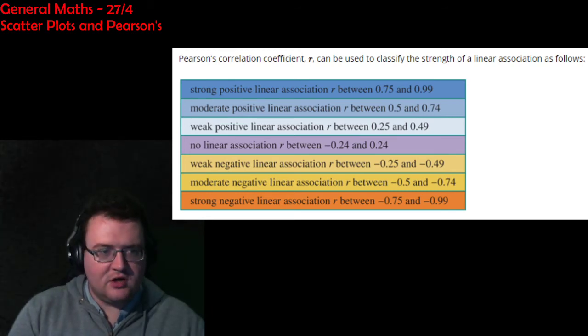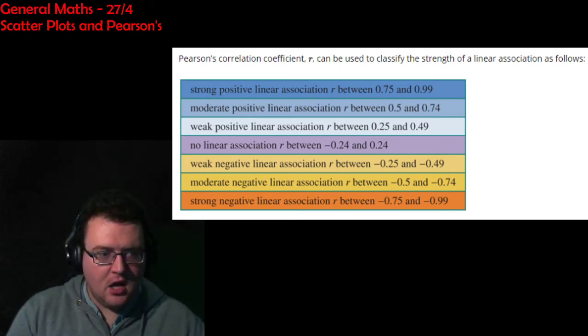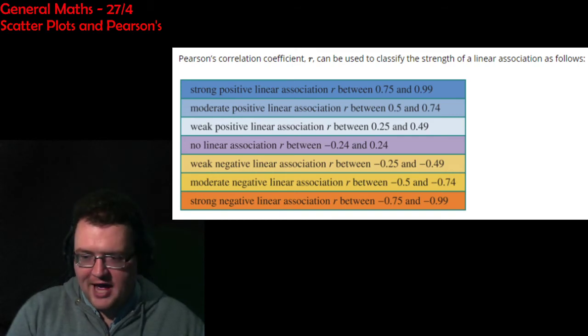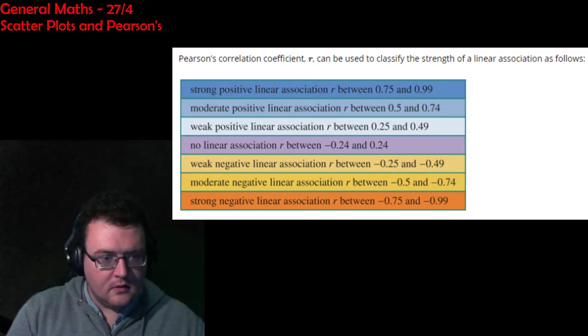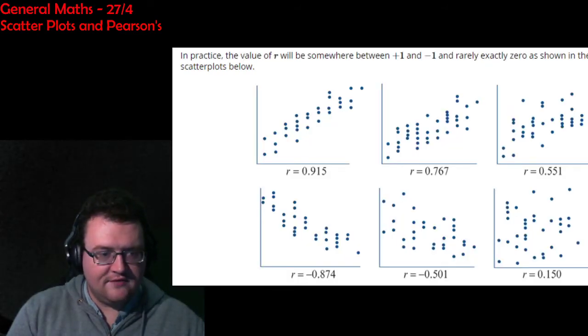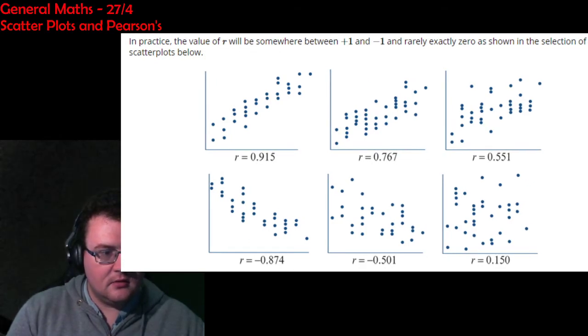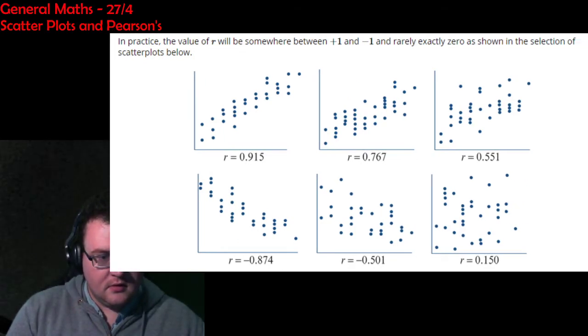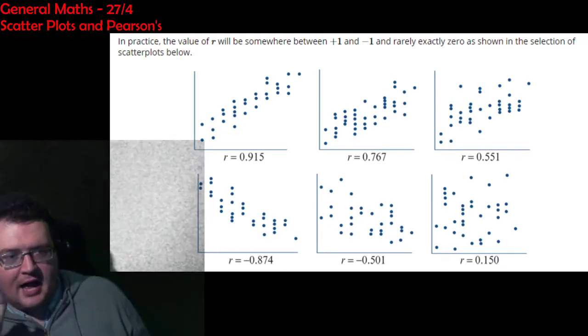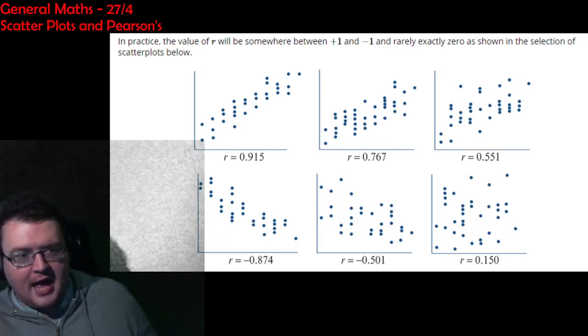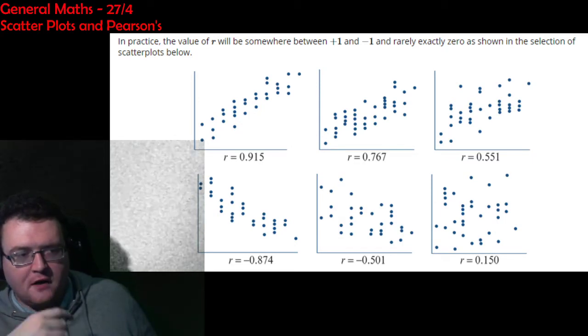So I've got some examples here of the sort of things that show up as correlation coefficient graphs. So these graphs here are just some data sets and what their correlation coefficients look like.